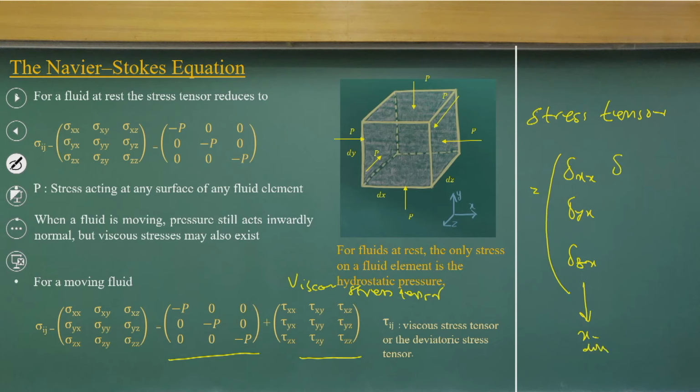In the same way you put it for the y direction: x and y, this will be sigma yy, and this will be z y. So you remember, the second subscript will be the same: x y z, x y z. In the same way I can write this one for the y direction, and this one for the z direction.